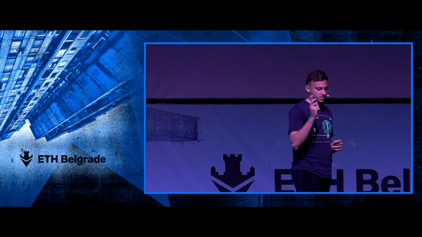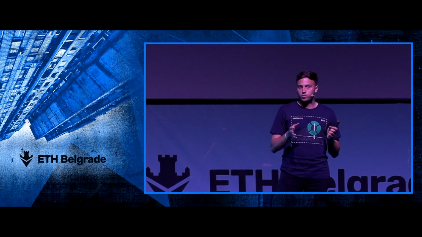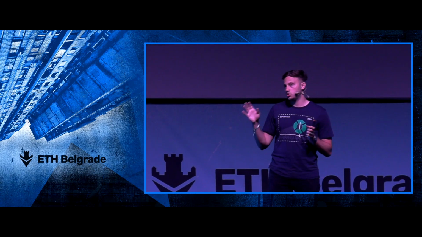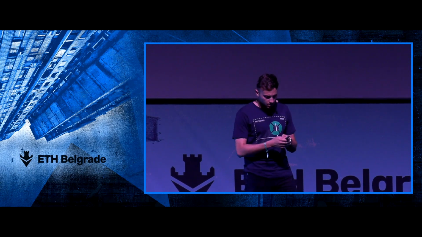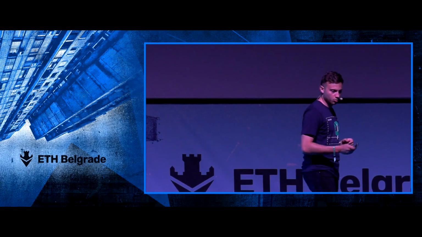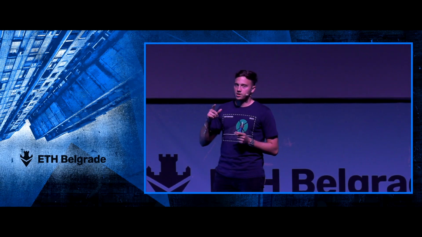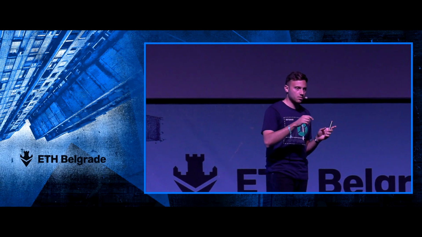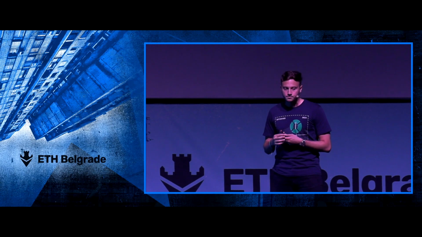If I understand the question correctly, we are integrating and supporting the lending protocols by default, and we are using them to gain this leverage. What we are doing is essentially depositing staked ETH and borrowing ETH and sort of looping that to gain leverage.